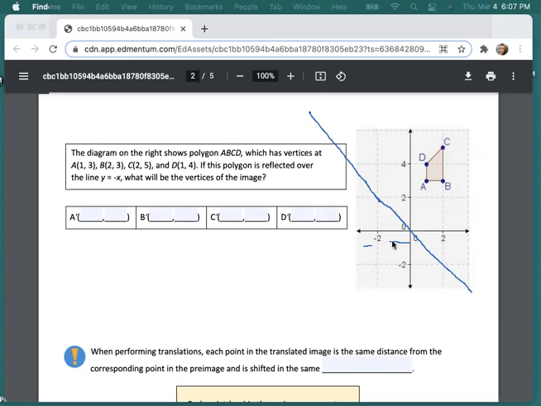A is at 1, 3. If we're reflecting it this way, the new A is going to be at -3, -1.